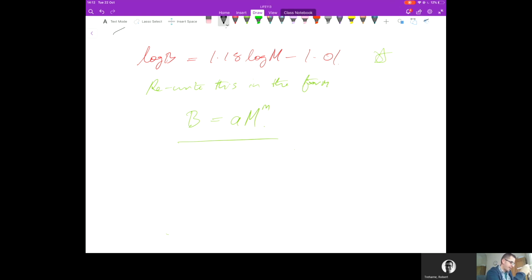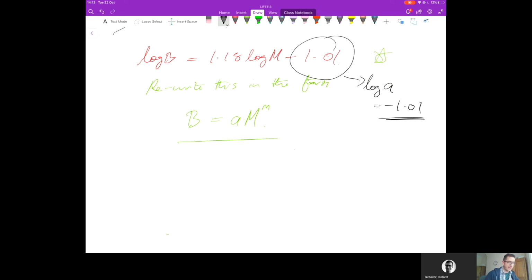To do that, I'm going to need to worry about this term first, the minus 1.01, because what I would really like is for every single term in my equation to have logs. That is going to increase the chance that I can get rid of a log term. So I'm going to say, to begin with, that this is going to be log A. Let's call it log A. So log A is equal to minus 1.01.